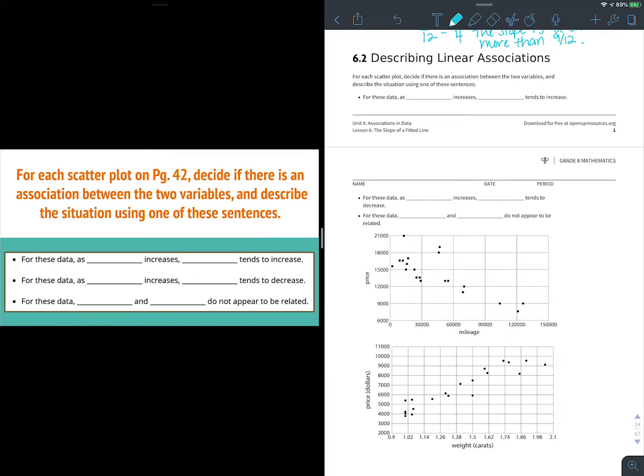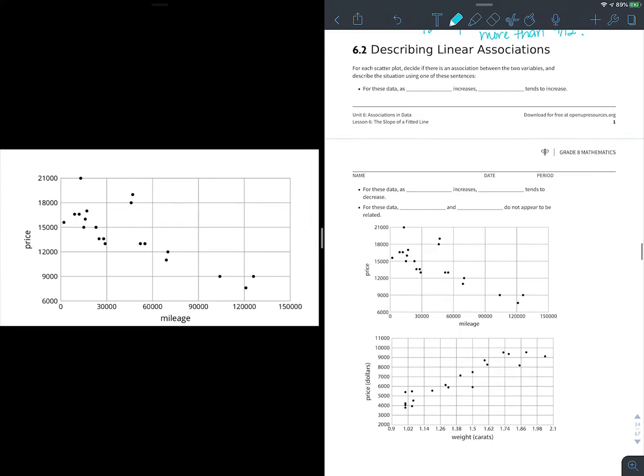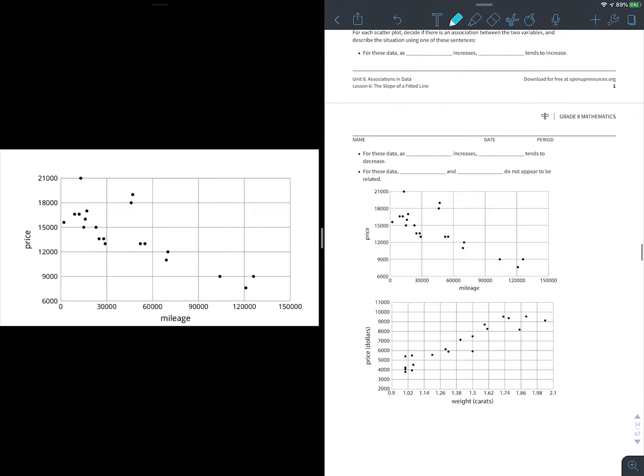Okay, now that you've done that, let's go through them. So our first one, which was the price and the mileage, we would say for these data, as car mileage increases, the price tends to also increase.